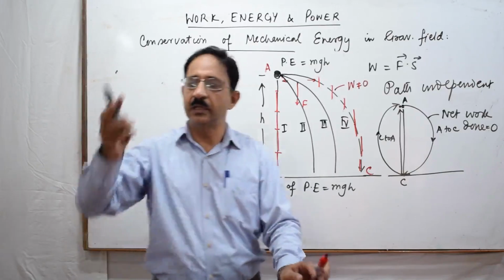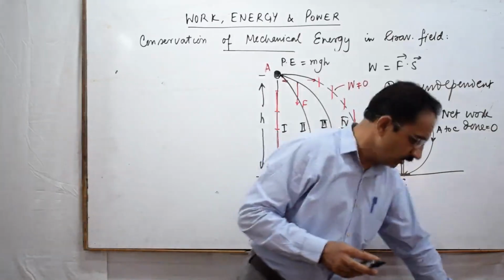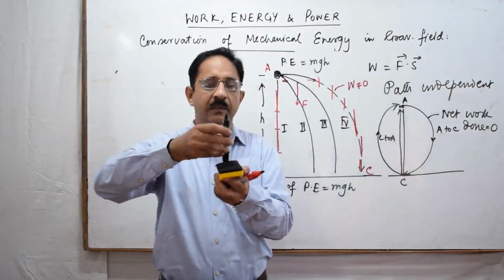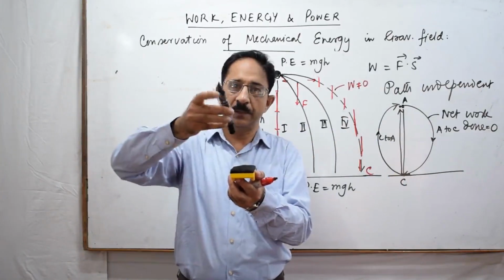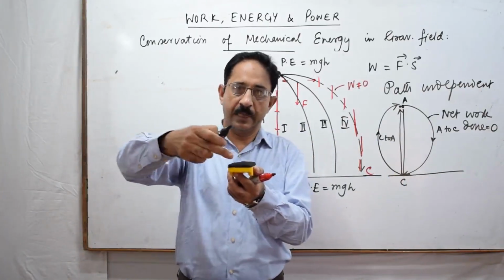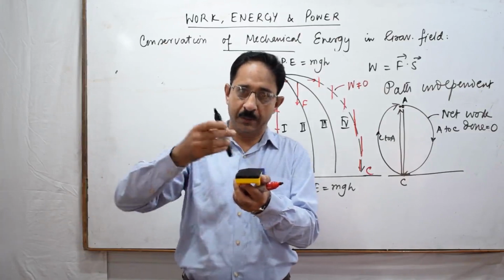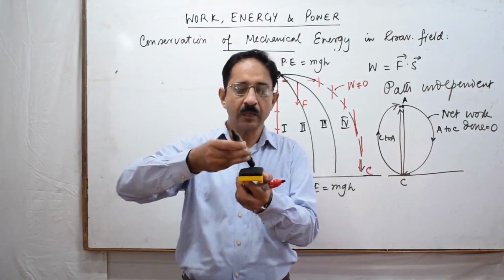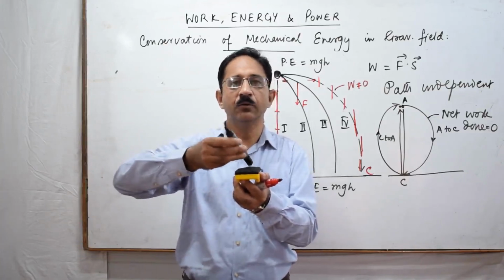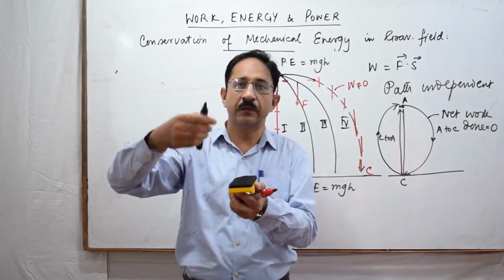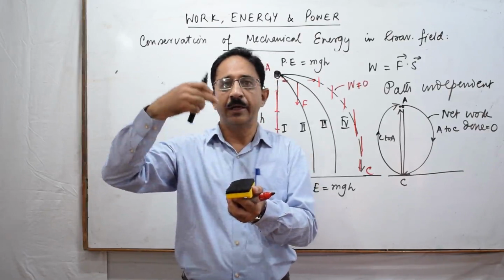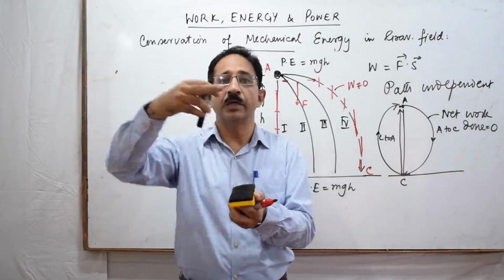जैसे if I take an object and move it on another surface like this, the moment I am moving there is some loss of energy of this object which is happening while moving on the path because of friction. जितना मैं लंबा रास्ता इसमें लूं फ्रिक्शनल पाथ, उतना ही जो एनर्जी कन्वर्शन होगा, एनर्जी डिसिपेशन होगा, वो ज्यादा हो जाएगा.